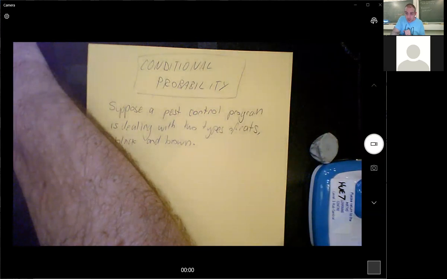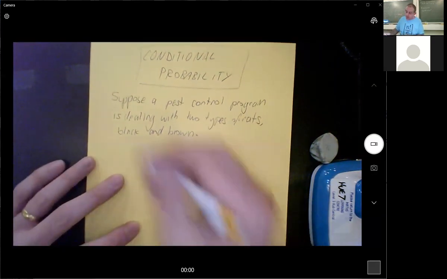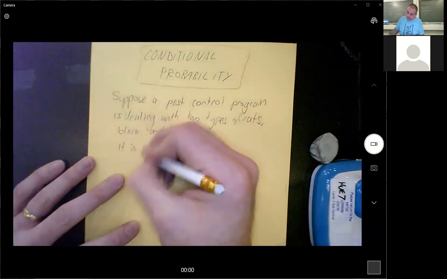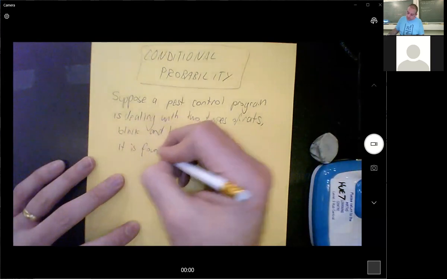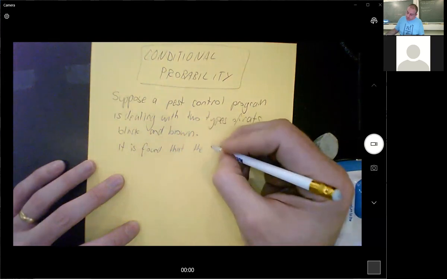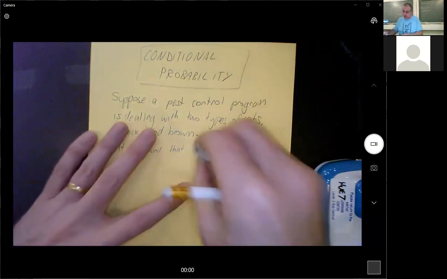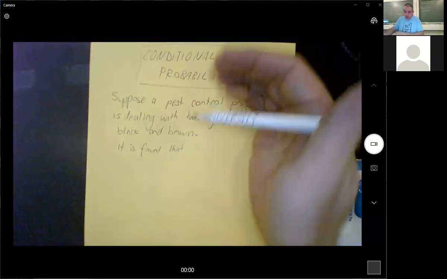It is found that when a rat is caught in the trap, the probability of it being brown is 0.2.